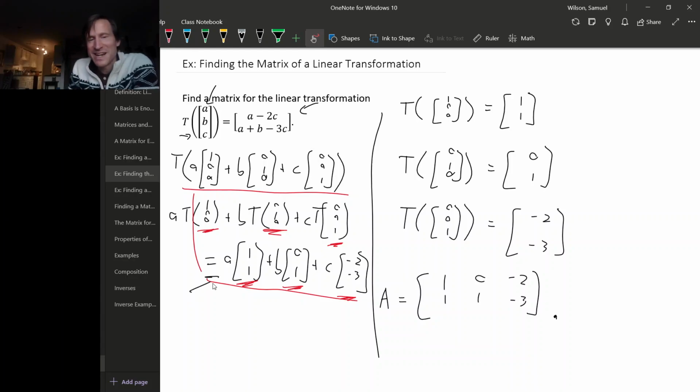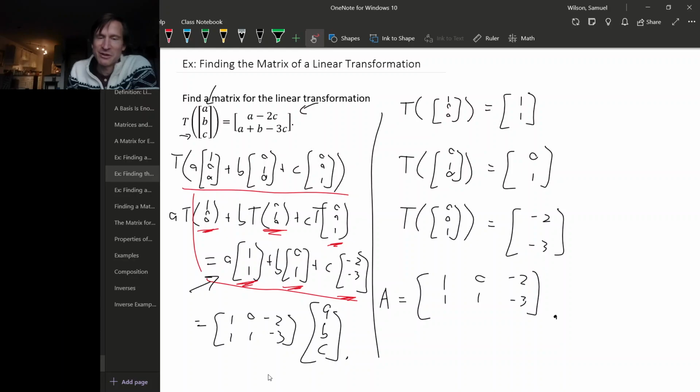But having it written out this way makes it clear that this is just the matrix 1, 1, 0, 1, minus 2, minus 3 times the vector (A, B, C). So this shows you very clearly that this linear transformation really is just multiplication by this matrix. These columns that happen to show up here are exactly the same as the columns that show up there.